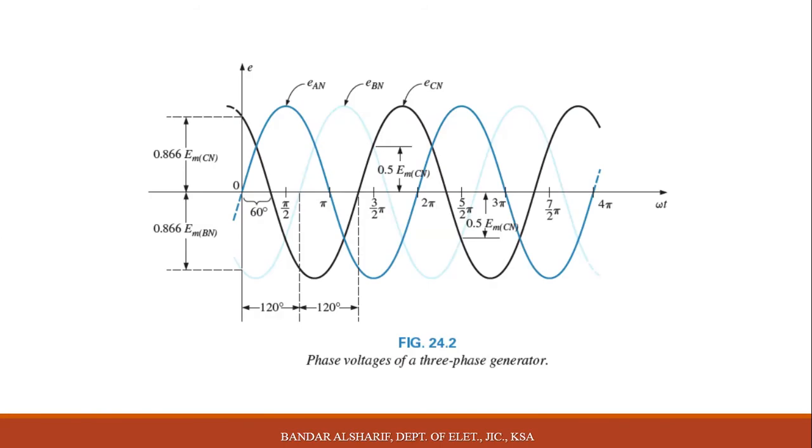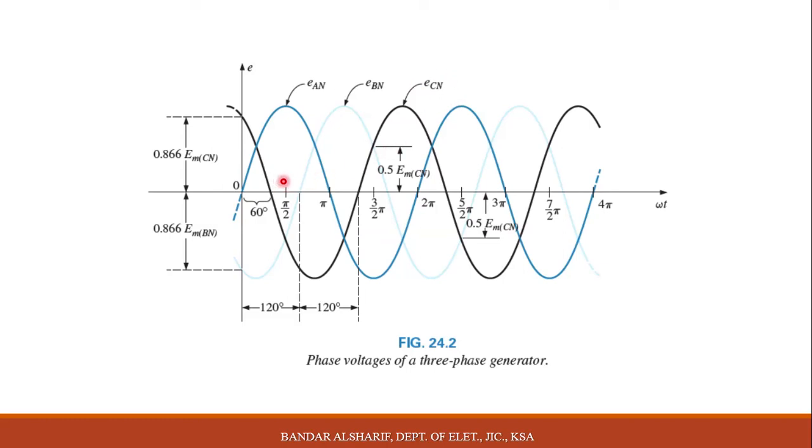When we generate electricity from the three phase generator, we will have a three phase waveform. The first one we call EAN. Let us use the pointer. The first one is EAN, the second one EBN, the third one is ECN.